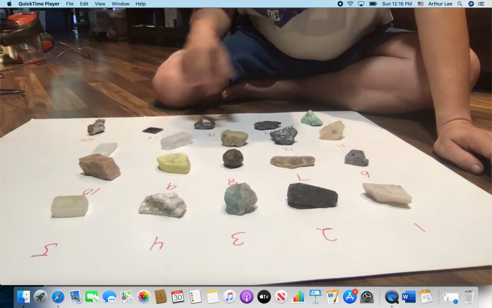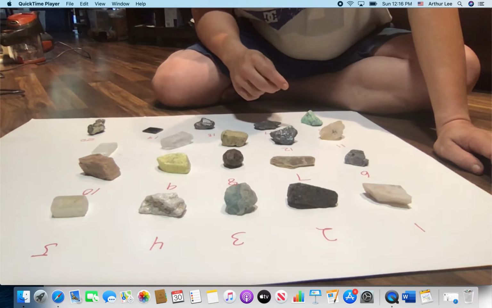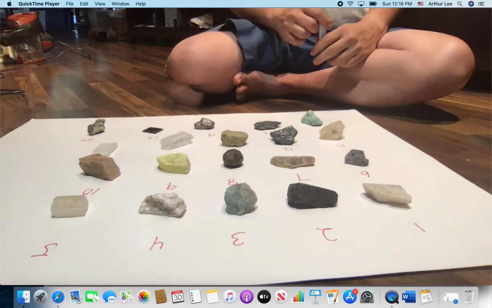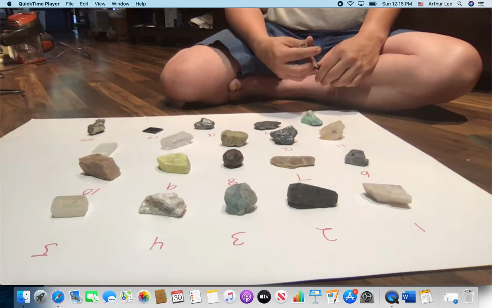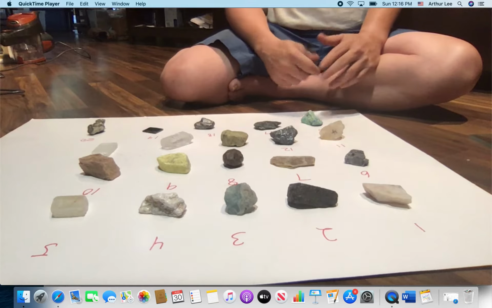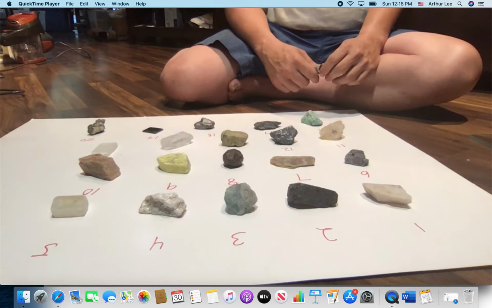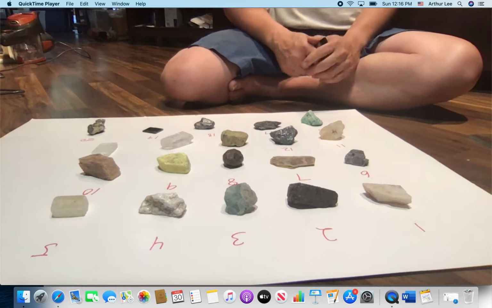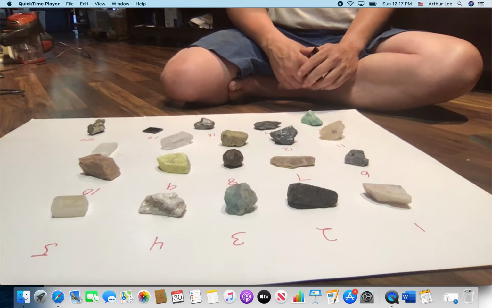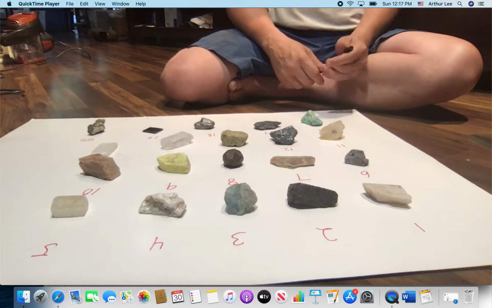Here are the 20 different minerals that we need to identify for our lab this week. I also made a whole bunch of videos so you can understand what cleavage and hardness are all about, and I gave you hints about those 20 minerals. Let's work through these one at a time together.